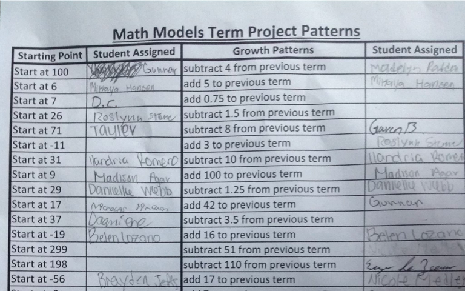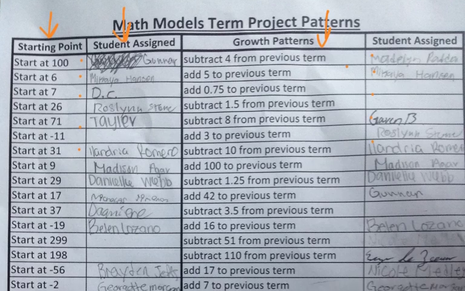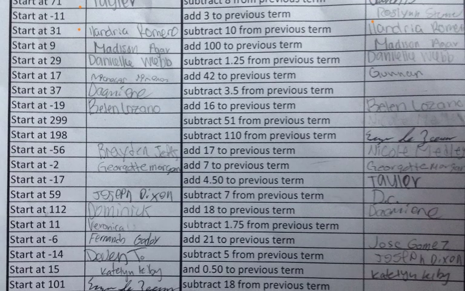Now, if you haven't signed up for this yet, you need to come talk to me. But these are all the people and what they've signed up for, their starting number, and their growth pattern. So these are the starting numbers, and these are the growth patterns. Okay, so I'll scroll up a little bit.